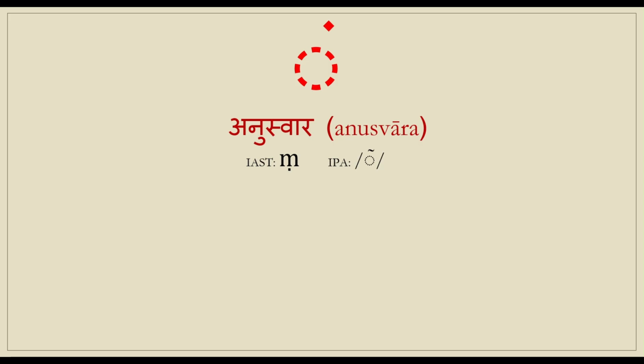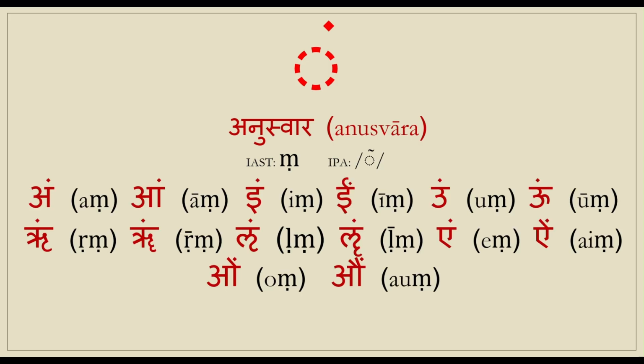So examples are like these vowels, like um, im, ṛm, ṝm, aim, om. So in IST it is much simpler. Whenever you find this m having a little dot beneath it, it means that that sound is ending with that half sound. So I hope it is quite clear now.